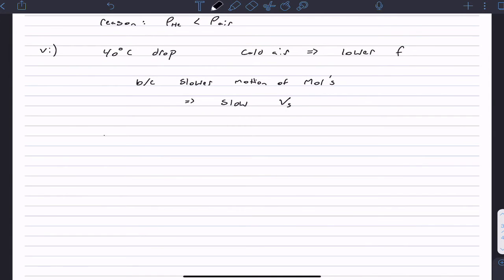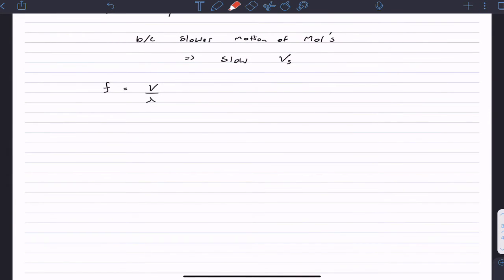And I'm getting this from using this relationship. Without changing the wavelength, what happens to the frequency that we hear? If this goes low, then the speed of sound has to go lower too. And sure enough, this is something you can look up.